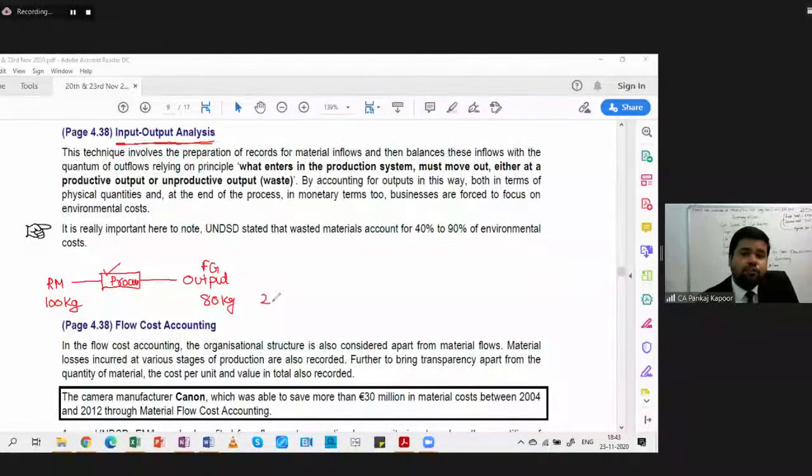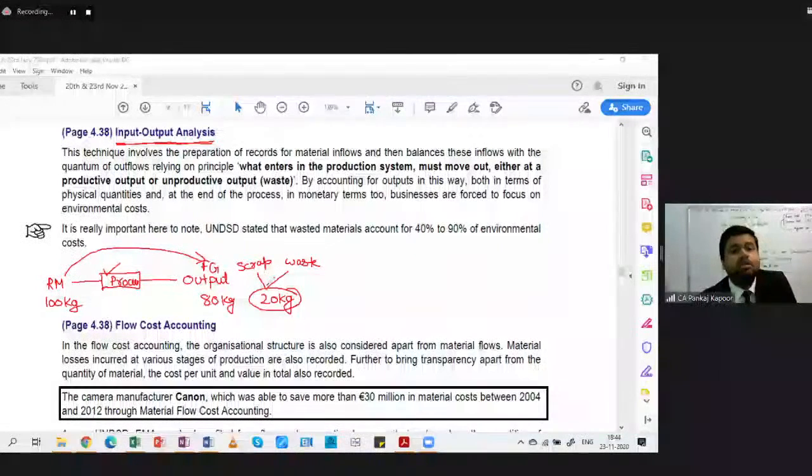So 20 kg of the wood we lost, which either may be sold as scrap, or it may be possible that we are not in a position even to sell it as scrap. It is pure waste. Agreed? Because a certain shape needs to be given to the wood, due to which the 20 kg of wood becomes waste.